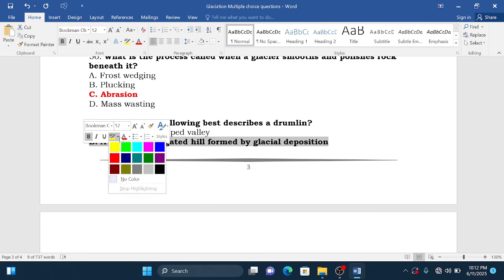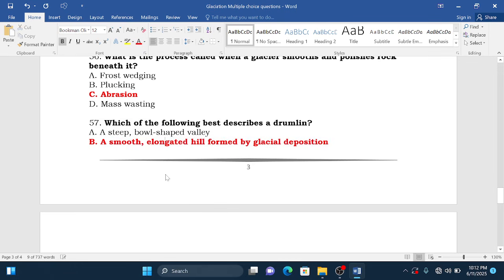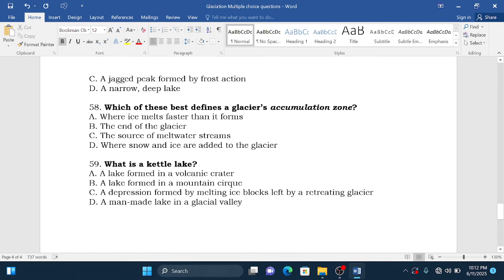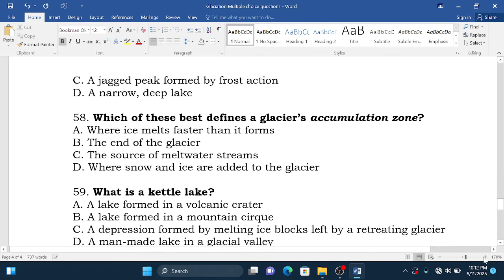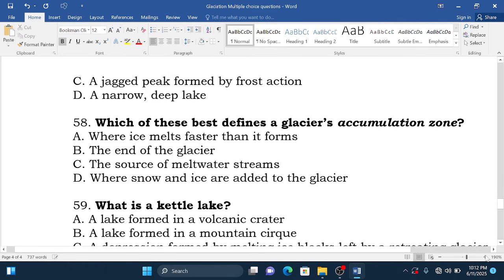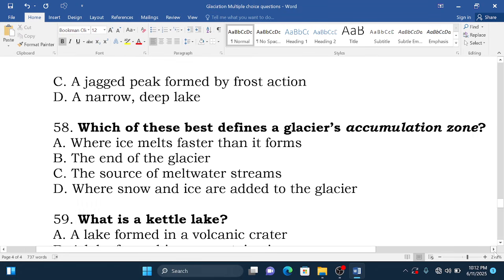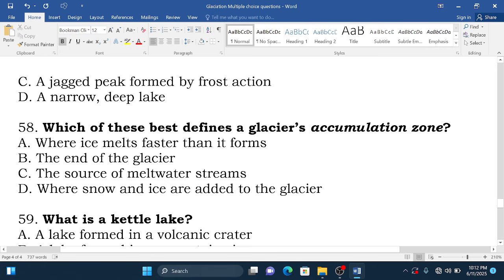We reach question number 58. The question is asking, which of these best describes a glacier's accumulation zone?